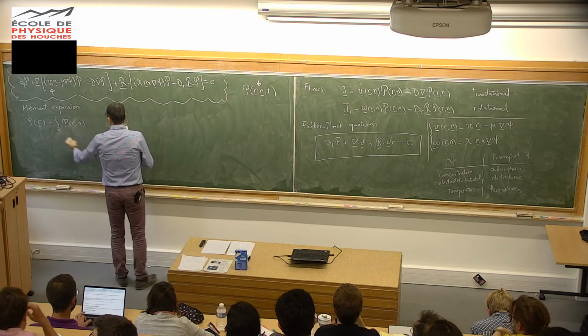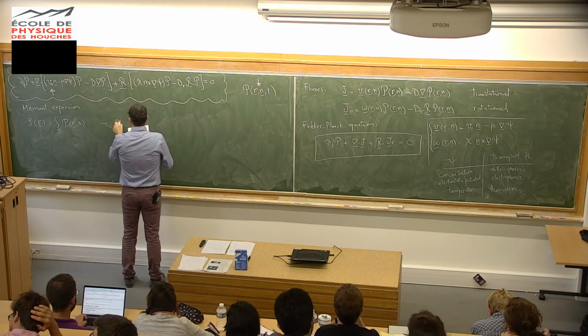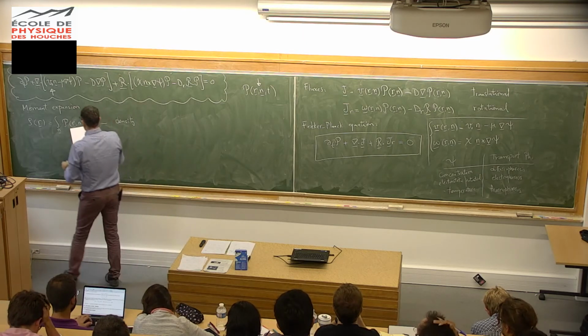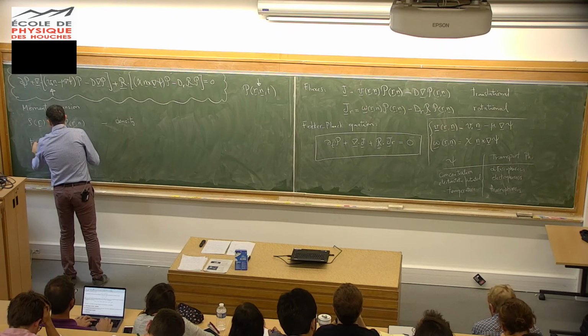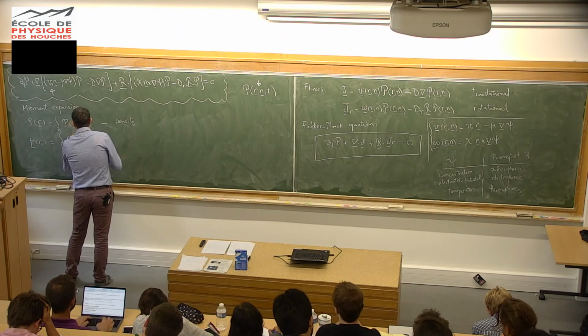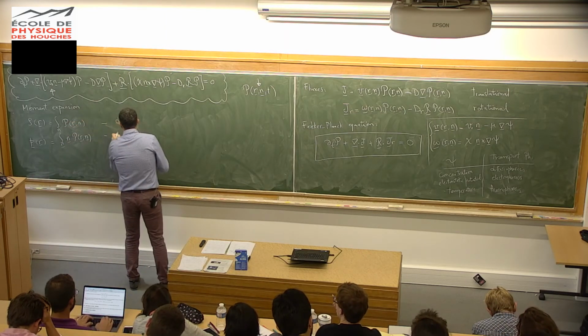So if I integrate over the orientational degree of freedom, I will get essentially the density. If I multiply this by n and then integrate, I will get the polarization.